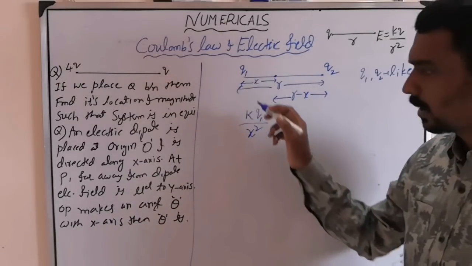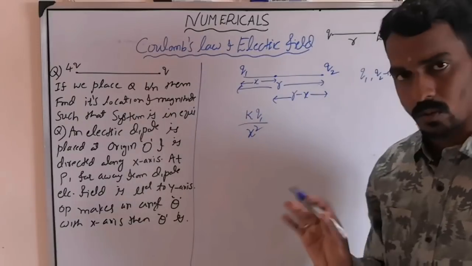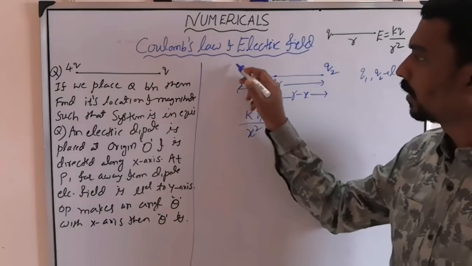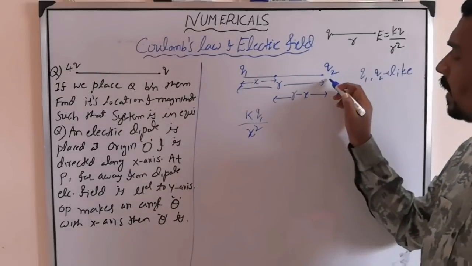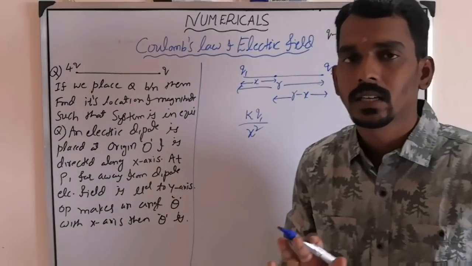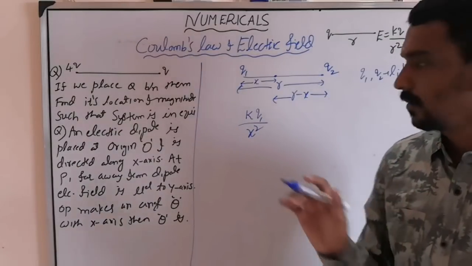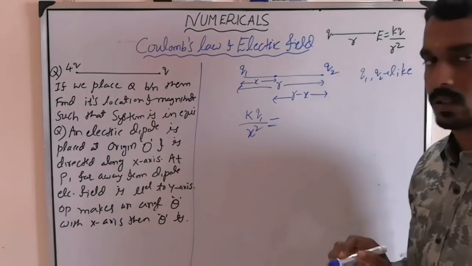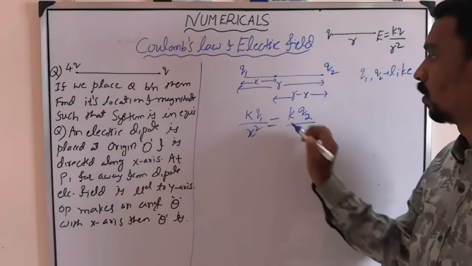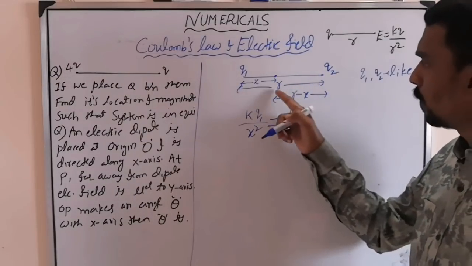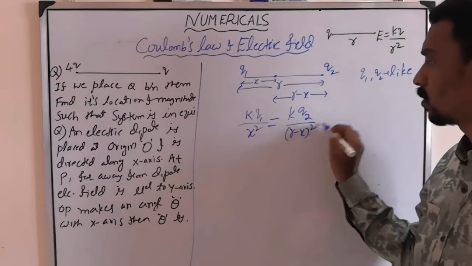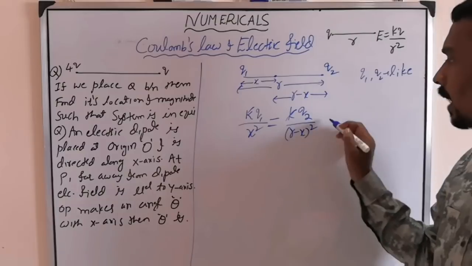If it is positive or negative, take positive only. We are talking about magnitude. The magnitude of electric field due to Q1 and due to Q2 must be the same. So this should be equal to kQ2 by the distance of the point, r minus x whole square. Of course k gets cancelled.